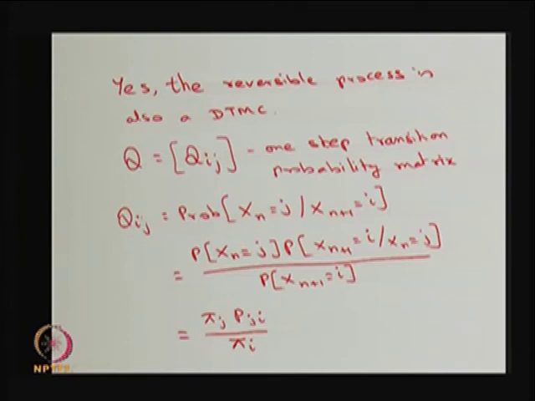The probability of X_n equal to j, in a steady state, is pi_j, multiplied by the one step transition probability of the system moving from j to i, divided by pi_i. That means Q_ij is going to be pi_j P_ji divided by pi_i, assuming that the stationary distribution exists. Otherwise, pi_j is equal to the limit as n tends to infinity of P_ij^(n).